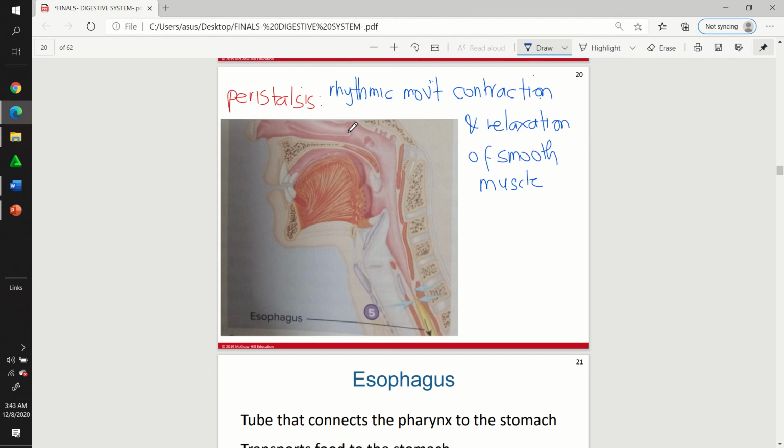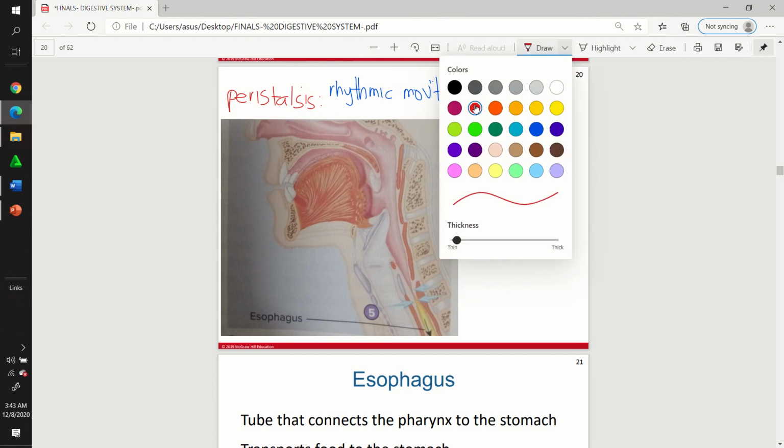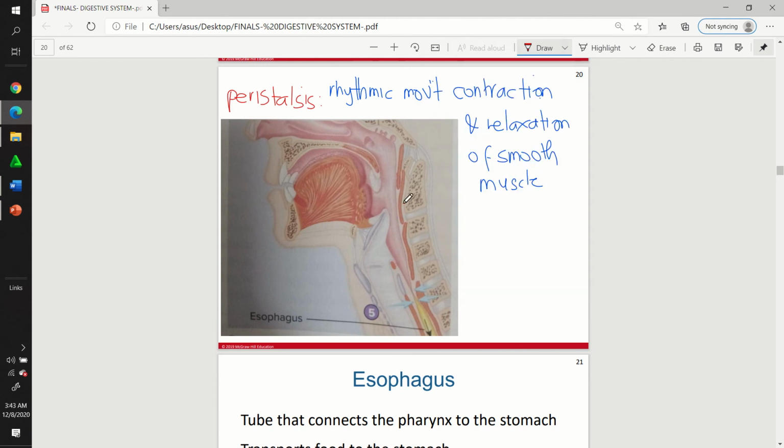Now, digestion occurs first in the mouth: chewing, salivation, and then swallowing, and then the pharynx will grasp the food and propel it towards the esophagus. Now, the bolus is in the esophagus. As we know, the esophagus is a tube that connects the pharynx to the stomach.